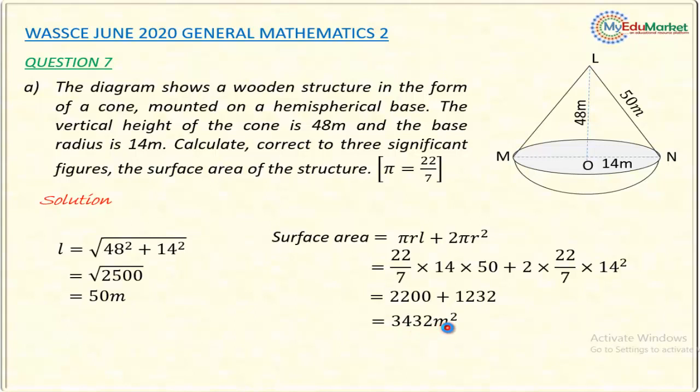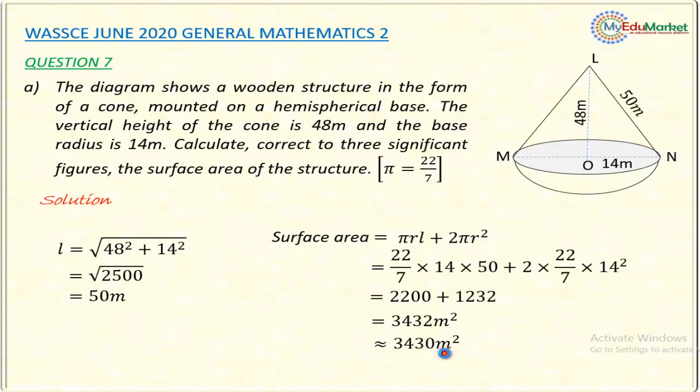And this is the surface area of this structure. With this I have answered this question. I now approximate it to 3 significant figures as asked, so I have 3430 meters square.